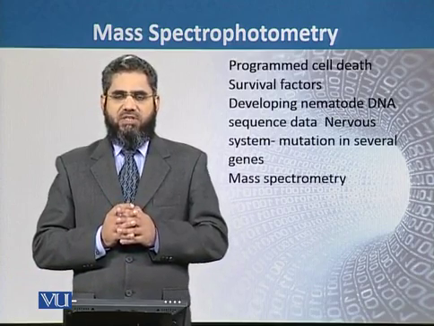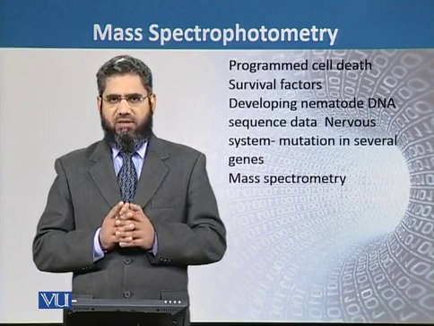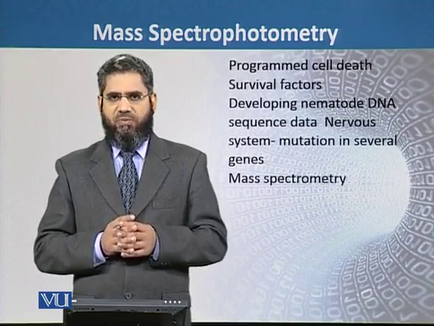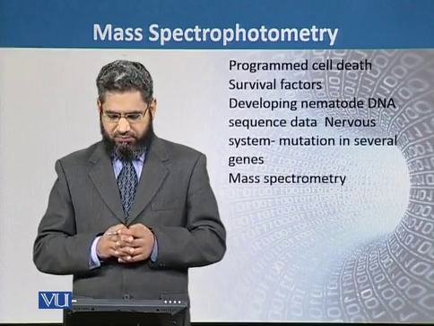Researchers have identified certain genes, and if there is a mutation in these genes, especially in the brain part of these nematodes, then this process of apoptosis is reduced or completely eliminated.